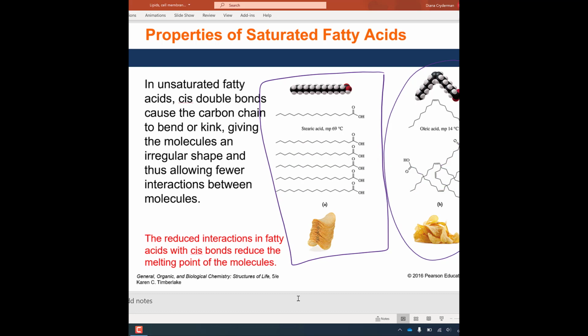And so that means they also have a higher melting point than something of a similar mass.